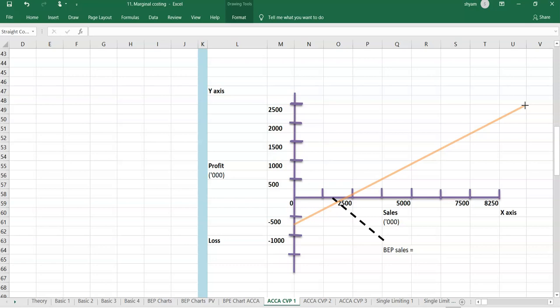So 8,250 here, then 9,000 we have to go. Each box is 1,250.